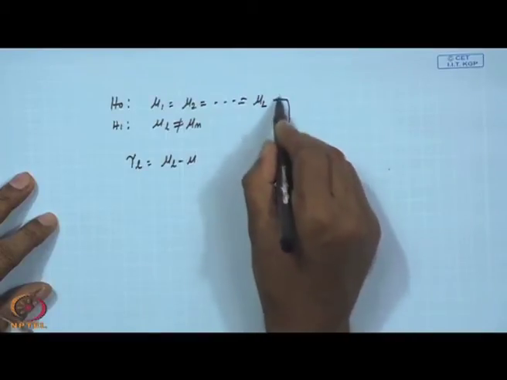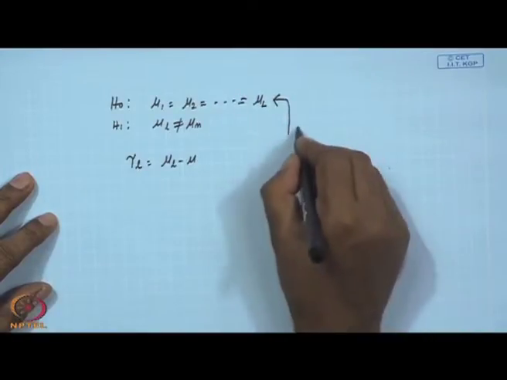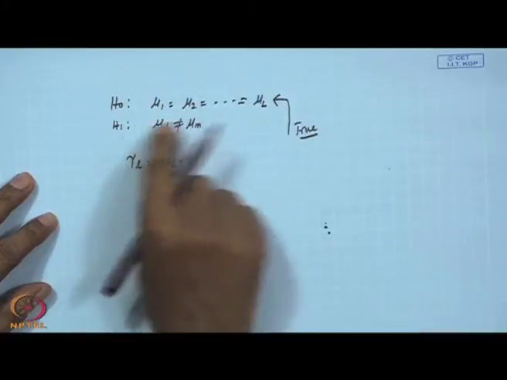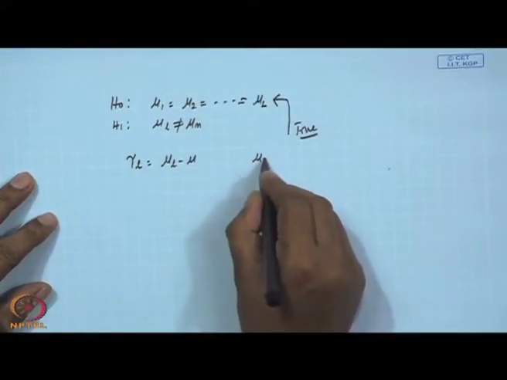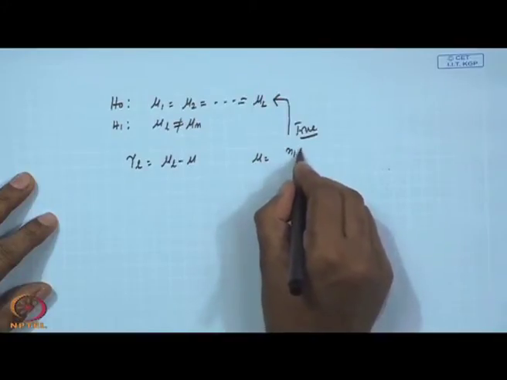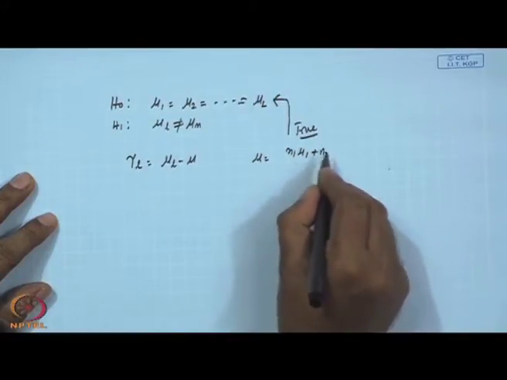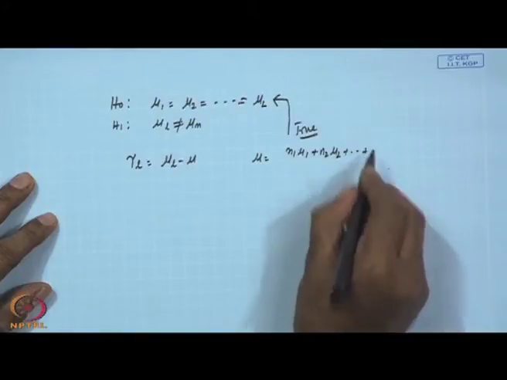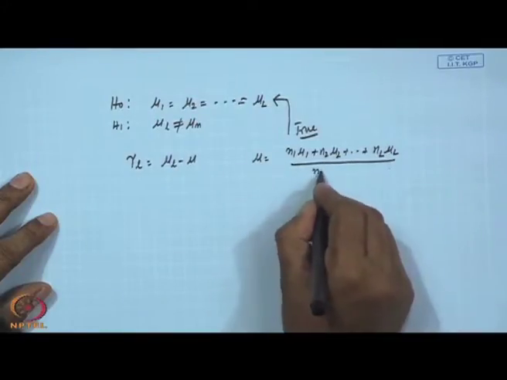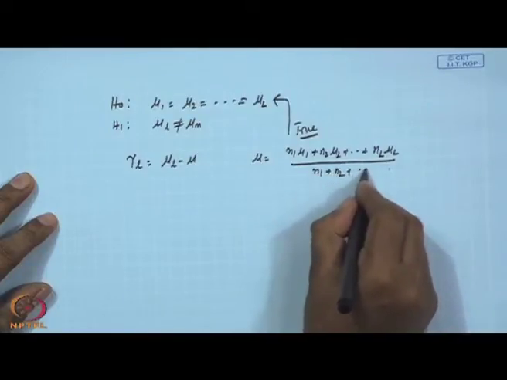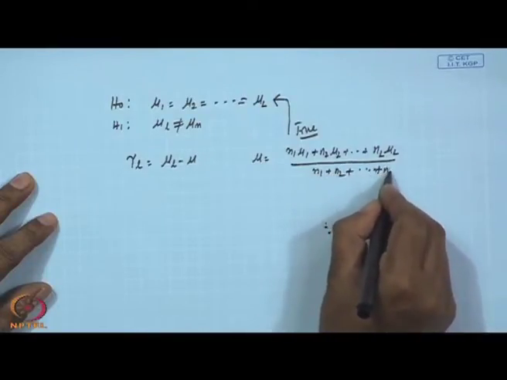Now, if H0 is true, that means all means are equal, then what will be the grand mean? The grand mean will be (n1 mu 1 plus n2 mu 2 plus dot dot dot plus nL mu L) divided by (n1 plus n2 plus dot dot dot plus nL).